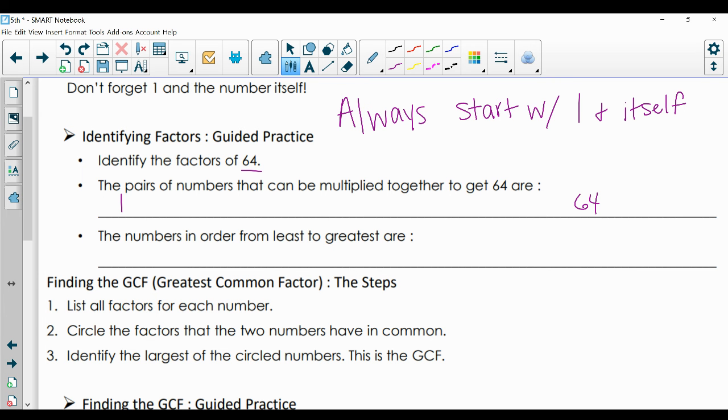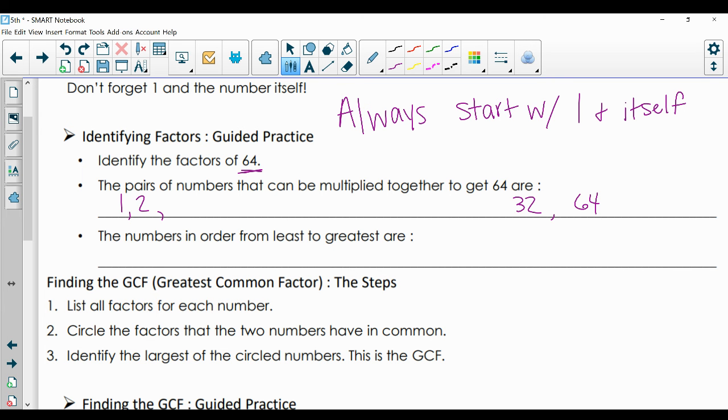Okay, excuse me. So then we try the next number, 2. Can 2 go into 64 and be a whole number? If you don't know, you can put in your calculator 64 divided by 2. And you get 32. So 32 works. So I would put 2 times 32 equals 64. Then I would try 3. 64 divided by 3.